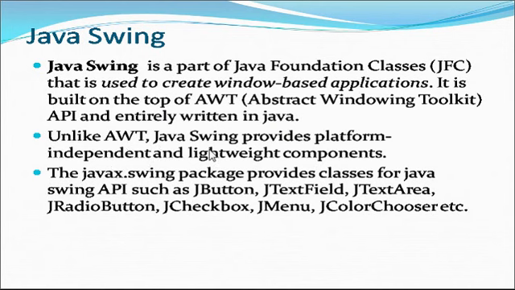Unlike AWT, Java Swing provides platform independent and lightweight components. AWT is platform dependent, but Java Swing is platform independent. The javax.swing package provides the classes for the Java Swing APIs such as JButton, JTextArea, JRadioButton, JTextField, menus, JColorChooser, and so on.